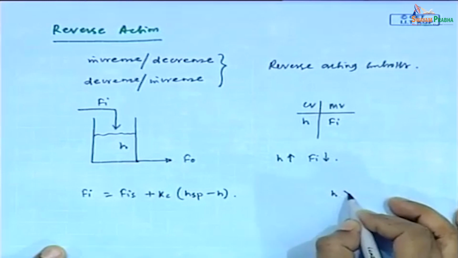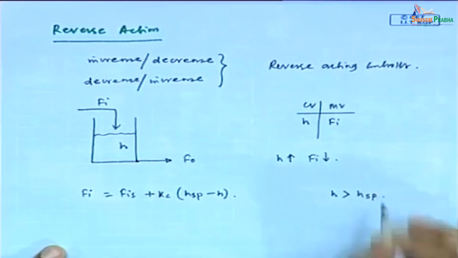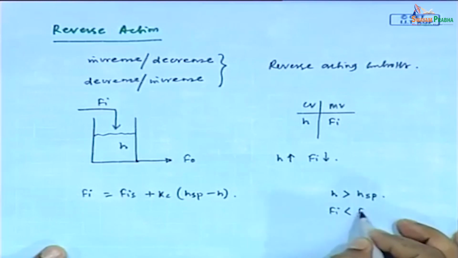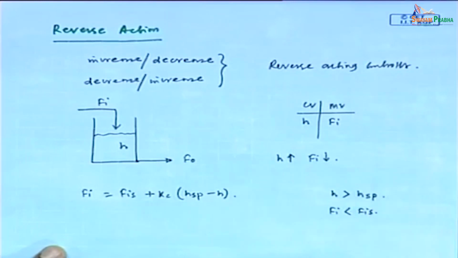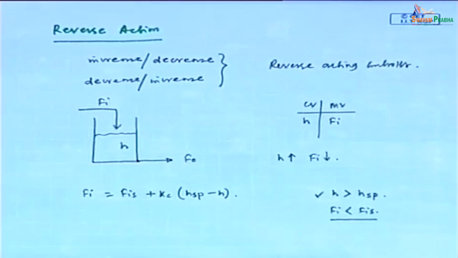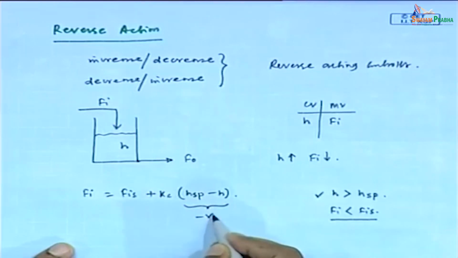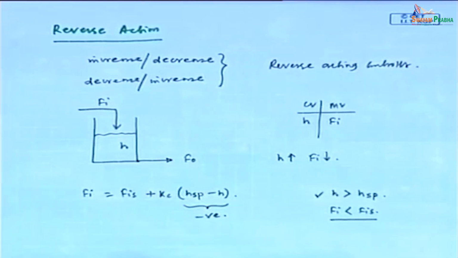Now, if height is greater than h set point, Fi should be less than Fis. Then the error becomes negative.